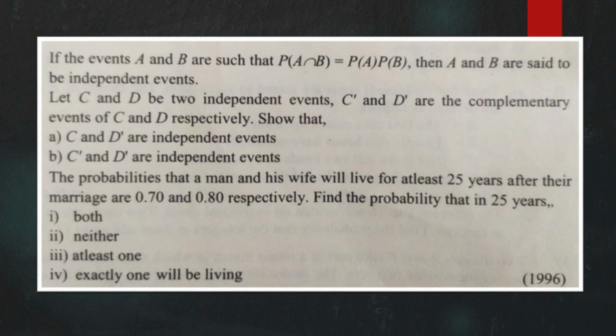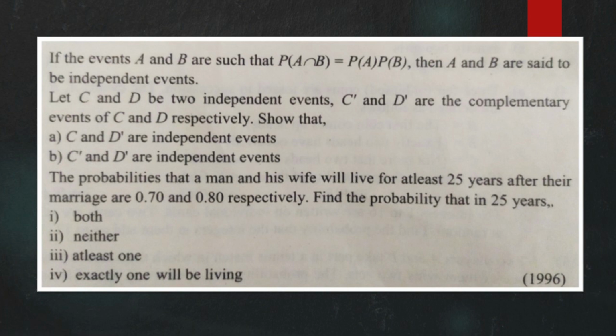C dash and D dash are the complementary events of C and D respectively. Show that part (a) C and D dash are independent events, and C dash and D dash are independent events. I think we have done these two in the previous part, so I'm not going to explain them again. You have to do it again yourself.